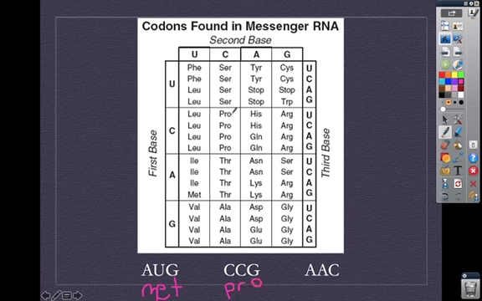And if you notice something, sometimes everything within a box is the same because there are only 20 amino acids but 64 ways to express them. All right. So then we have AAC. So here's A. I'm on this row. I cannot leave this row. So I'm in one of these 4 boxes. So I'm in the AA box. So for me to find the AA, I have to look up at the top for the second one.